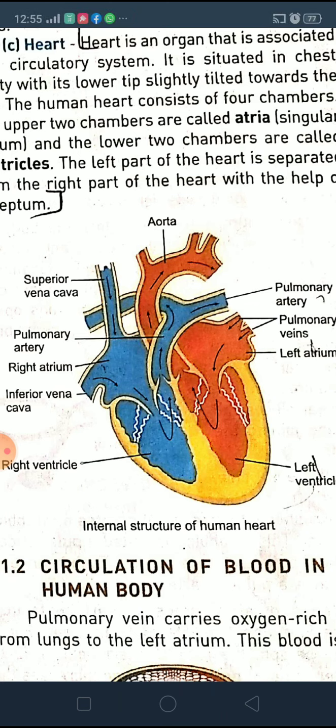Understood? Pure blood goes to the heart, and from the heart to different parts of the body, and impure blood from the veins gets collected and reaches the heart for purification. So this is the structure of the heart.